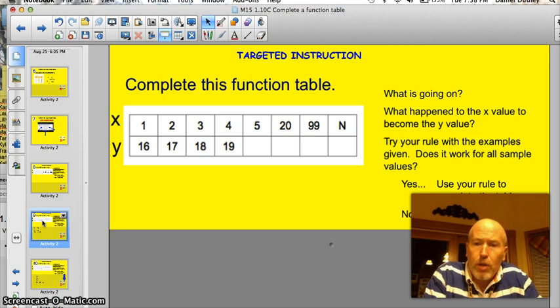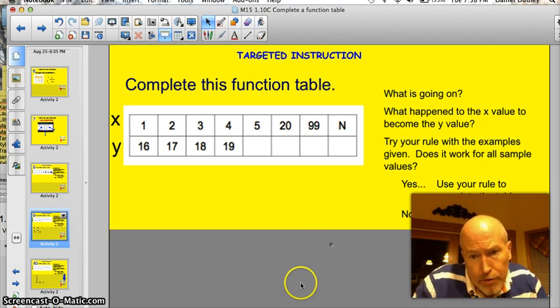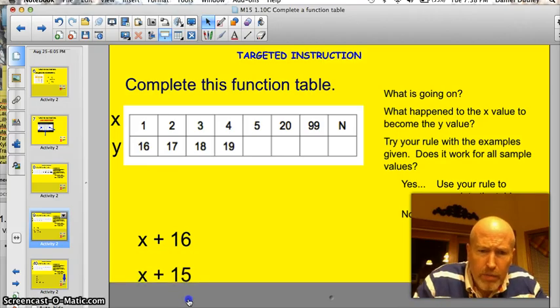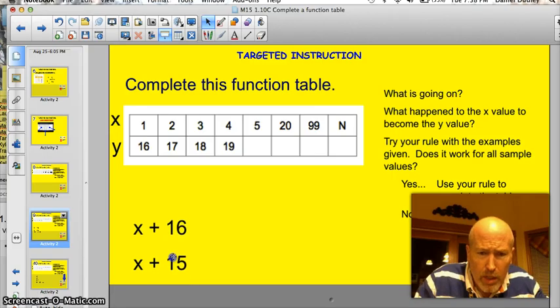I'm back. All right. Well, the first thing I thought about was, I see that 16. I think they're adding 16. So 1 plus 16 is not 16. What? That didn't work. So then I thought, well, it must be 1 less.